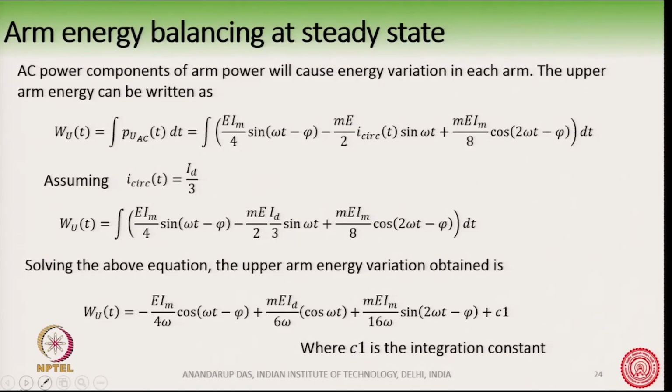What we will find out here is that this power causes a transfer of energy from the upper arm to the lower arm and from the lower arm to the upper arm. Not only that, the AC component of the power also causes the energy exchange from one phase to another phase, from A phase to B phase, from B phase to C phase, and C phase to A phase, like that.